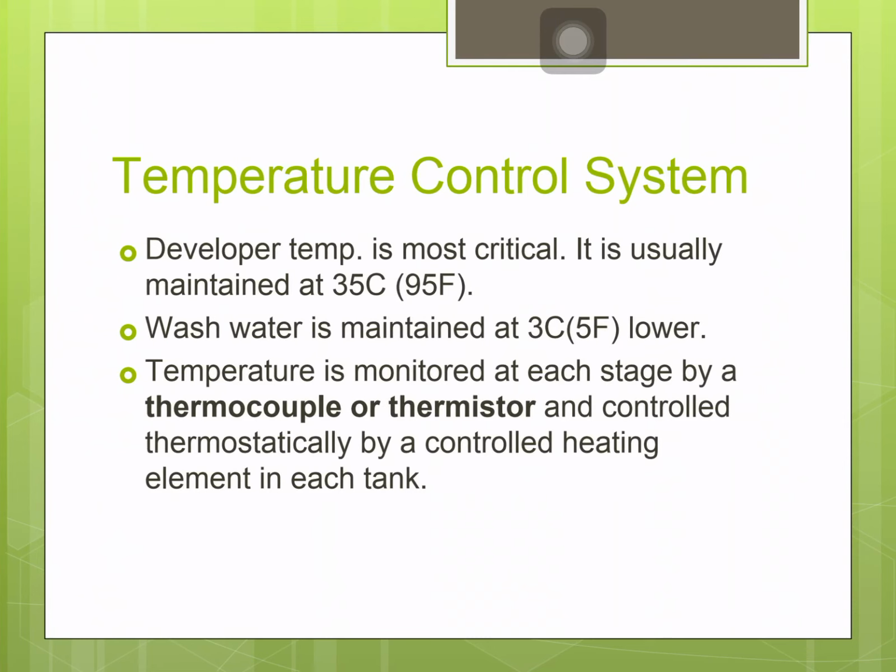Kasi kapag tumaas ang temperature ng ating developer solution, its activity will also increase. Okay? Pag sinabing the activity also increase, mas mabilis siyang mag-develop kapag mas mataas yung kanyang temperature. Kapag naman bumaba yung temperature ni developer solution, babagal din yung kanyang activity.